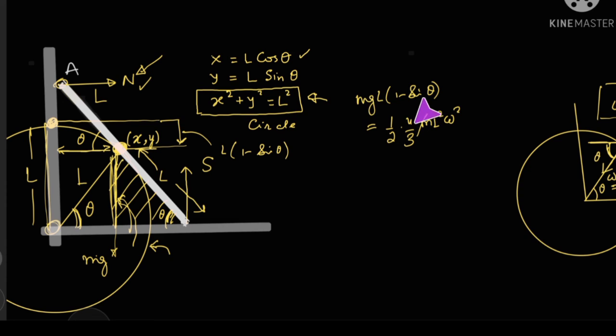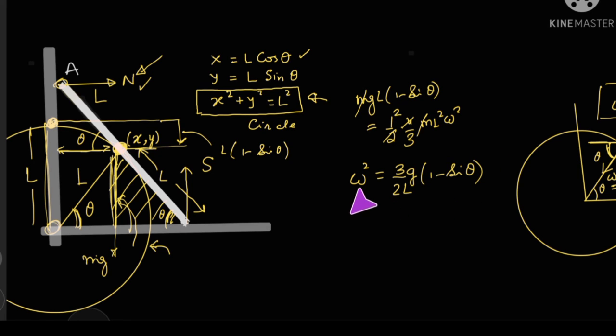If we solve it, omega square from this equation we get is 3g by 2L times (1 minus sine theta). So this is the expression for omega square.